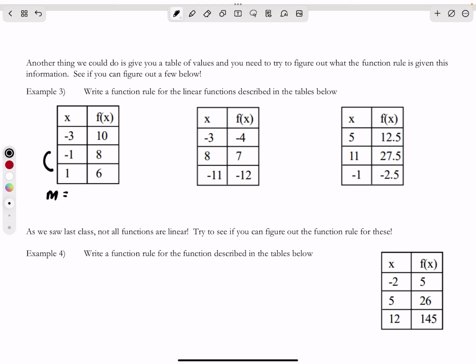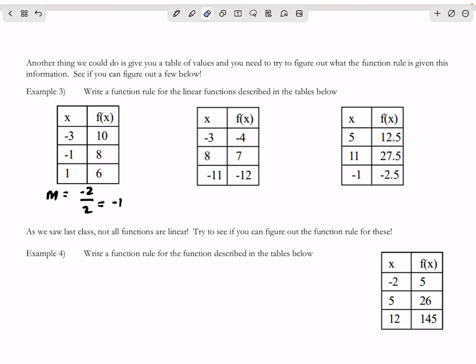My rate of change, or my change in y, is 6 minus 8, which is negative 2. And 1 minus negative 1 is 2. So my slope is negative 1. Here's kind of an advanced thing. Some of you may know, some of you may not.